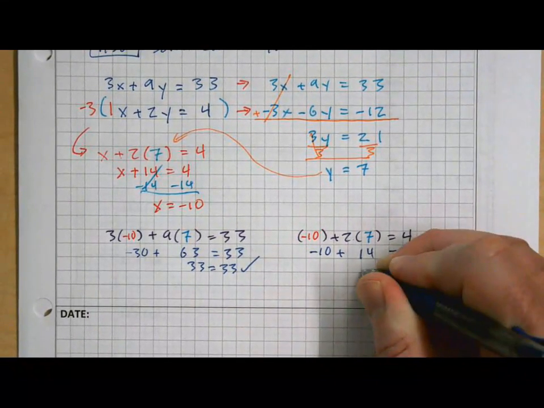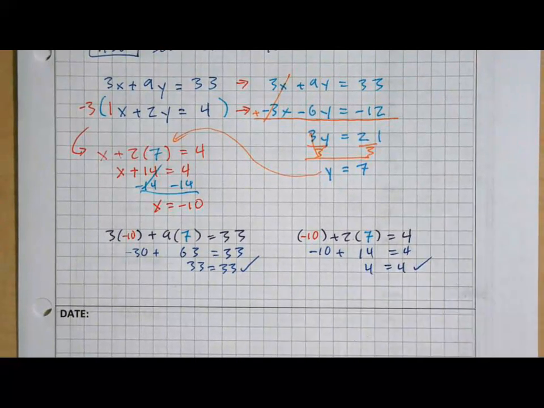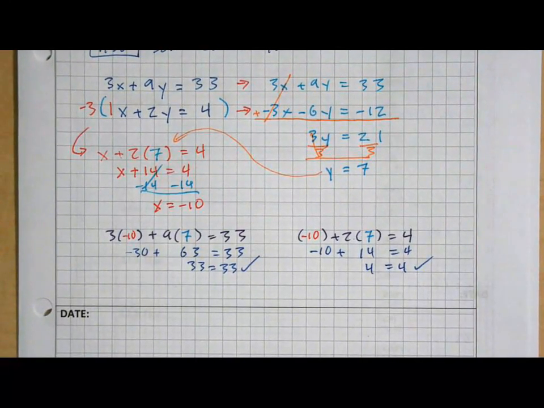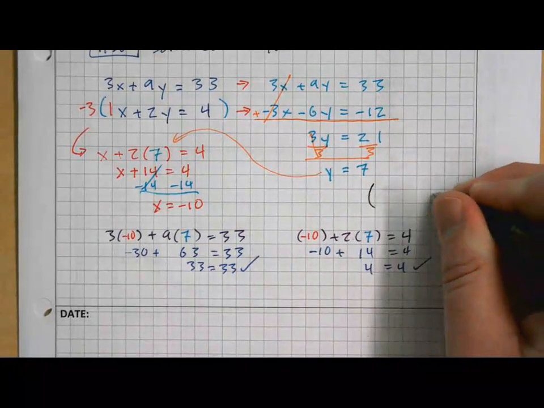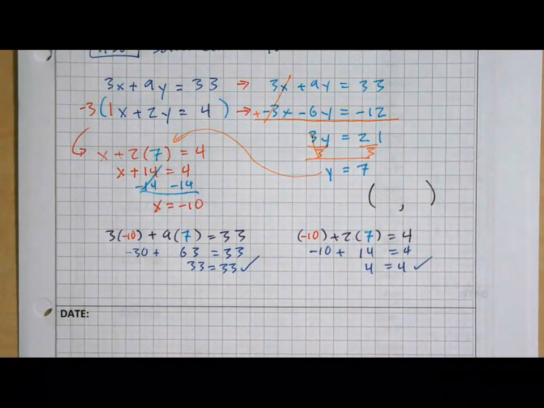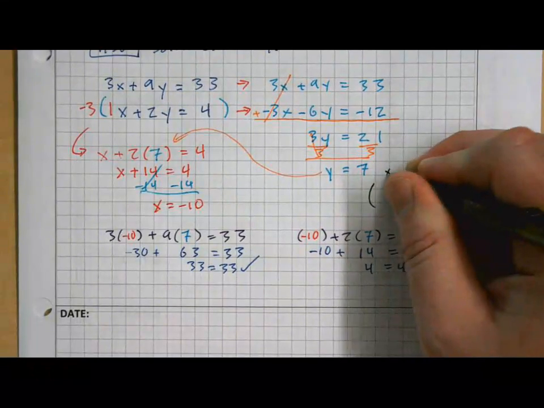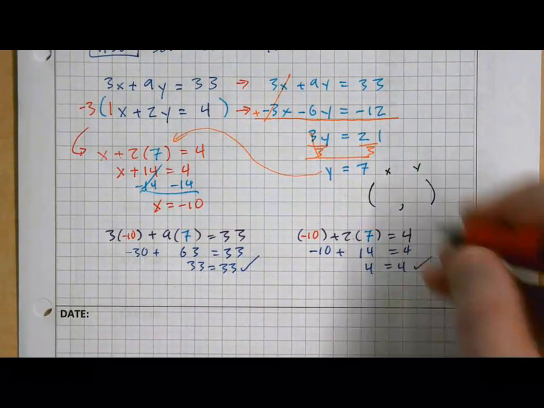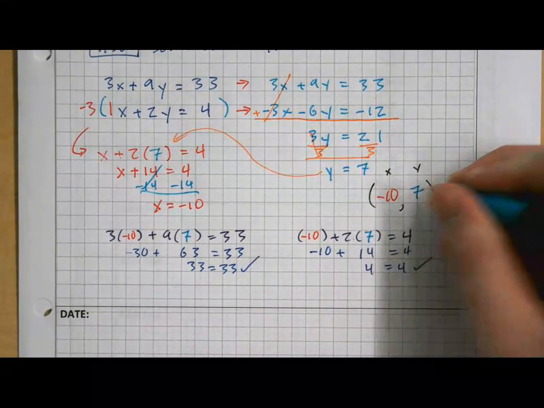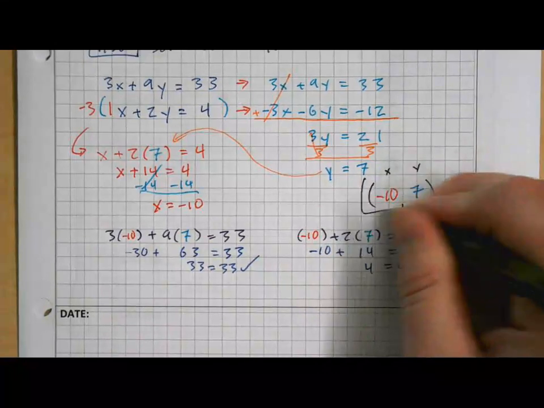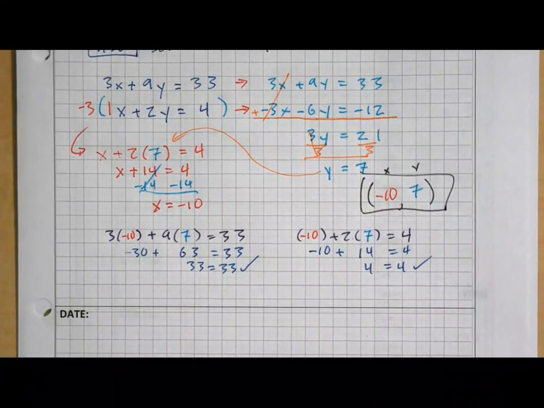Negative 10 plus 14 is 4. 4 equals 4. That works. That checks out. Do you guys remember how to write your final answer? We put it in parentheses with a comma in between. X first, y second. So negative 10, comma 7 for our final answer. And we did check that, so feeling fairly confident. Let's go ahead and circle it.